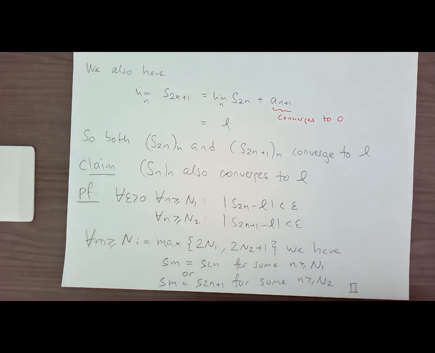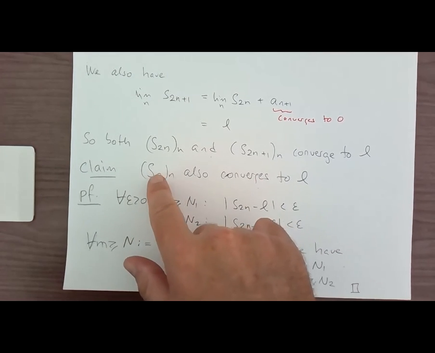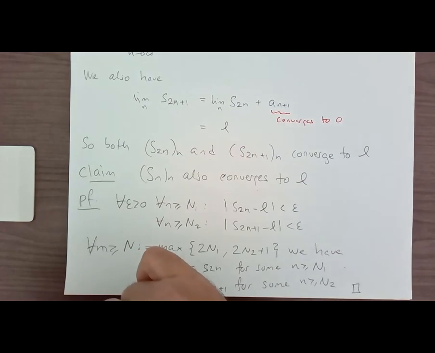Could I have added them? Yeah, I could have done that too. I could have added them. There are many ways that you can express S_n in terms of these two here.